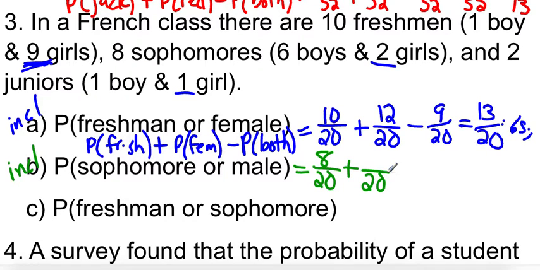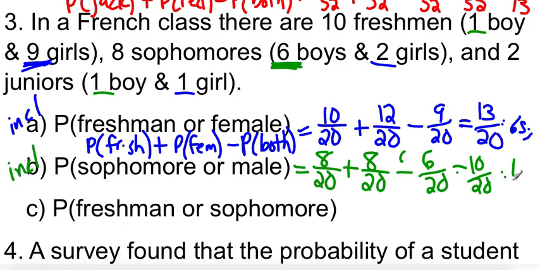Out of our 20, we have 1, 7, 8 boys. And then we have to subtract our overlap. Sophomore males, there were 6 of those. So we end up with 16 minus 6, so 10/20. So 1/2, which of course is 50%.